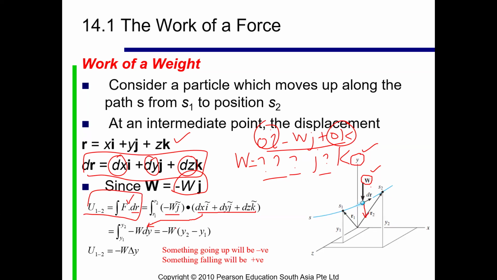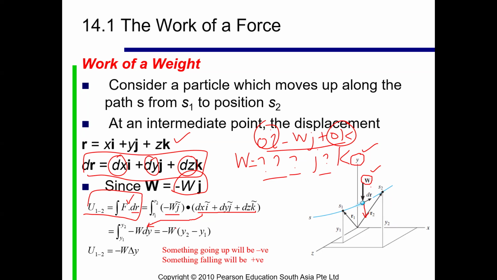Who will explain this? When we are taking the dot product of these two vectors, the weight vector and the displacement vector, how does it reduce into this minus W dy? How does the dot product reduce to one term?